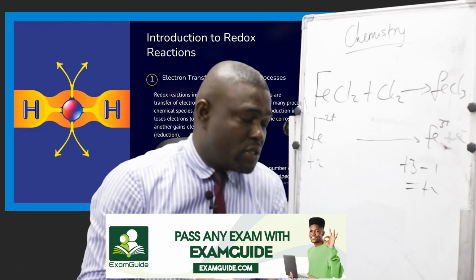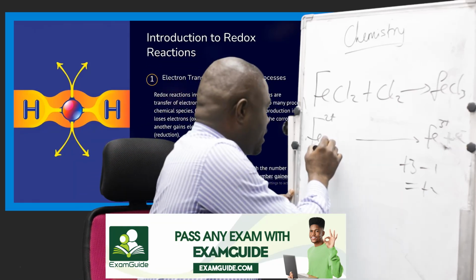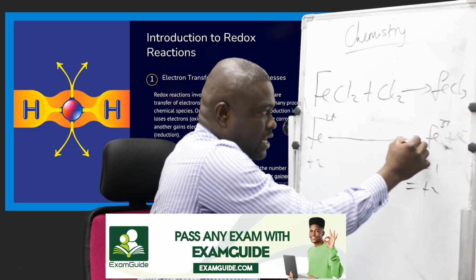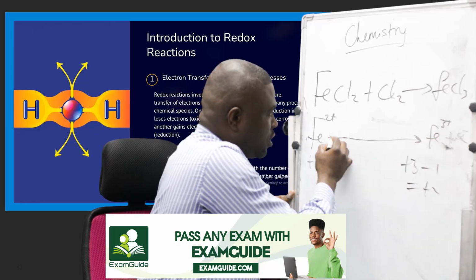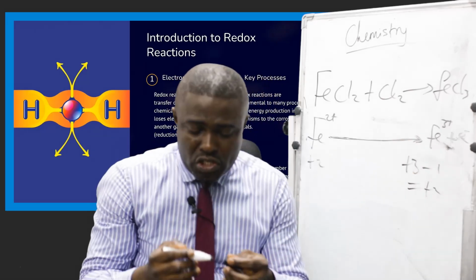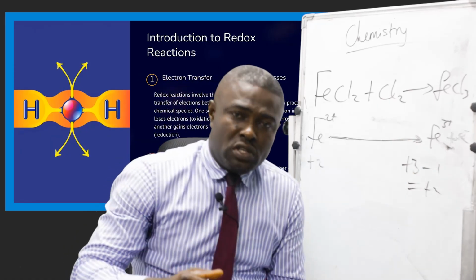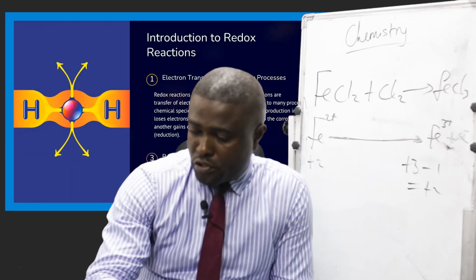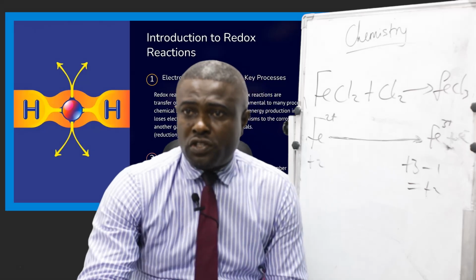What happened? This substance, iron 2, lost an electron. Look at the arrow. It lost an electron. That is the first definition, or one of the definitions of oxidation: loss of electron.